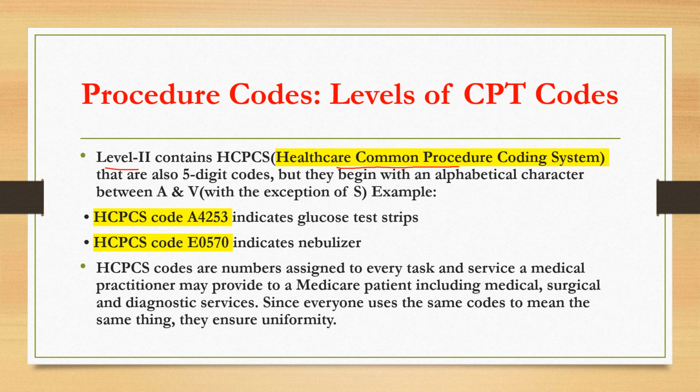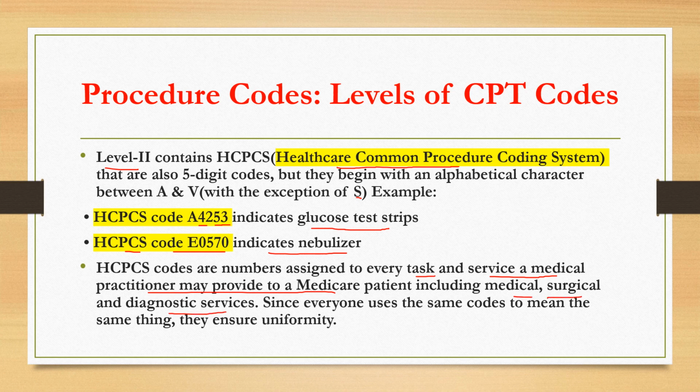For example, HCPCS code A4253 indicates glucose test strips. HCPCS code E0570 indicates a nebulizer. HCPCS codes are numbers assigned to every task and service a medical practitioner may provide to a Medicare patient, including medical, surgical, and diagnostic services.